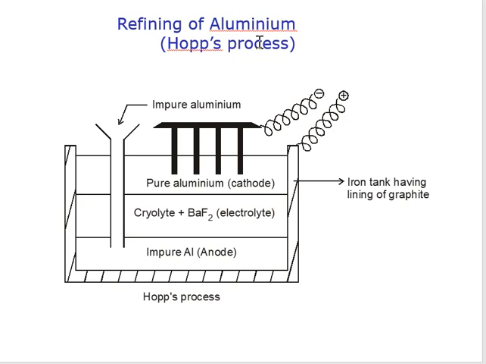In this Hoope process, the cell consists of an iron tank lined with graphite at the bottom, and a molten alloy of copper, gadolinium and silicon is used as the anode.